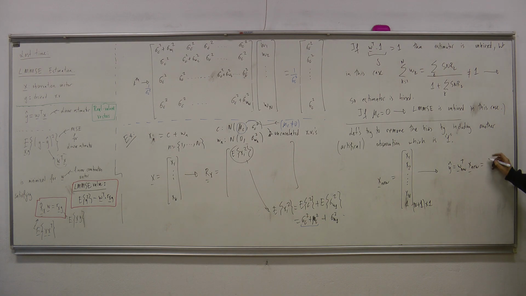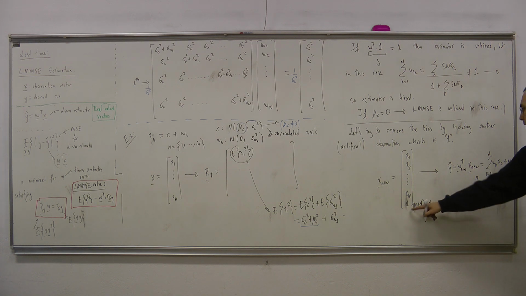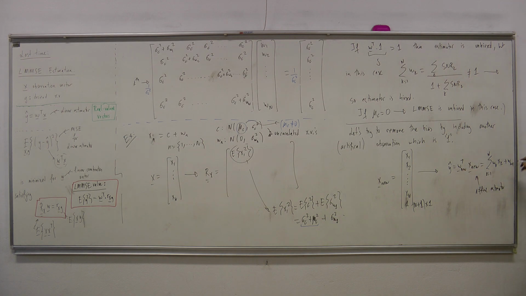You can see that this is nothing but a linear combination of observations plus another, constant term, W n plus 1. So this is what we call right now an affine estimator, not a linear estimator anymore. The last element, 1, is multiplying this. So these are the new weights.